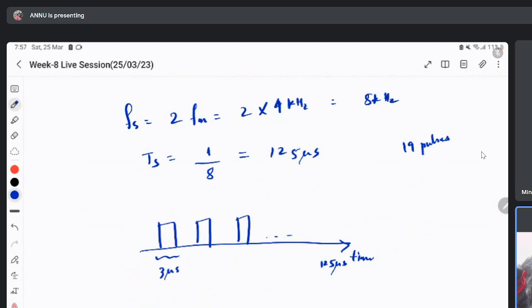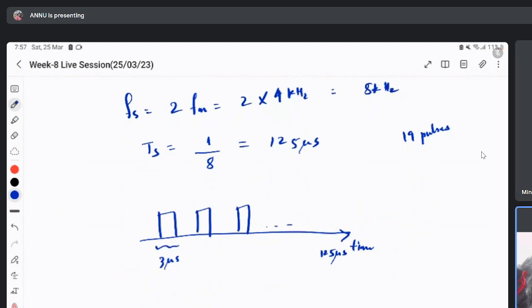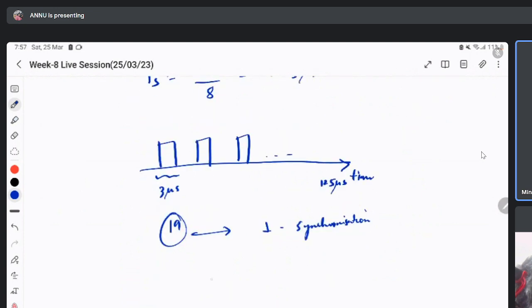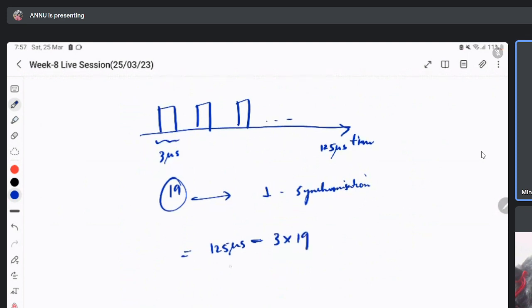So this is 3 microseconds, and 19 in total, right? Yes, ma'am, one is the synchronization pulse. The total silence period will be equal to 125 microseconds minus 3 into 19. Then we divide it by the number of pulses, that is 19 again, to get the interval between two successive pulses.